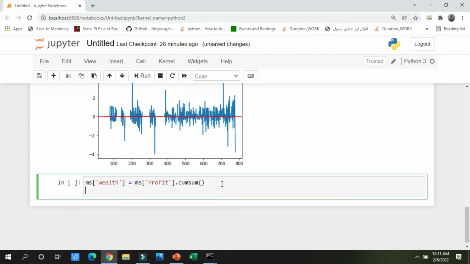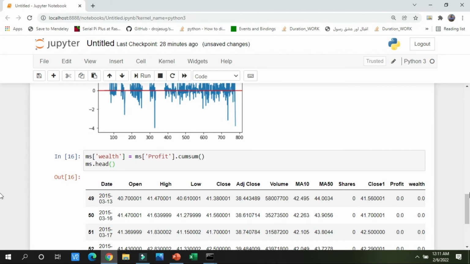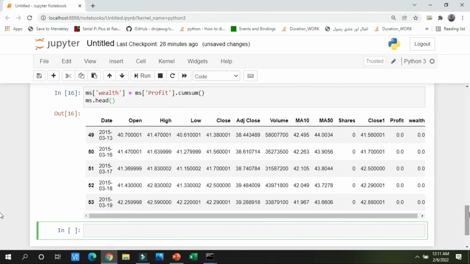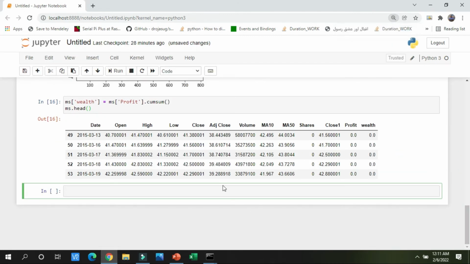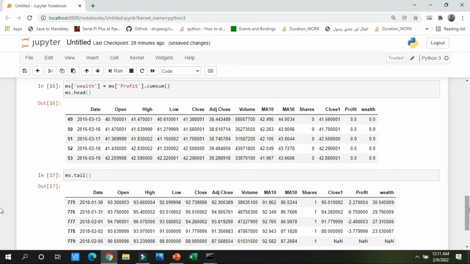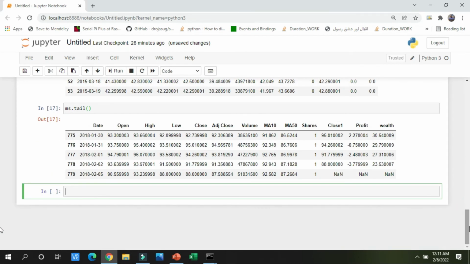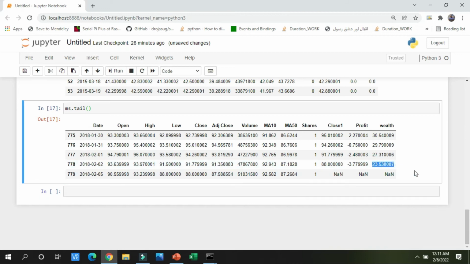So let me write ms.head, and you can see this column is also generated, and in the start it is 0 because we haven't bought any share in the start, but we can use tail as well, which will show the last values, and in the last values you can see we have generated a wealth of $23.53 by using this strategy.